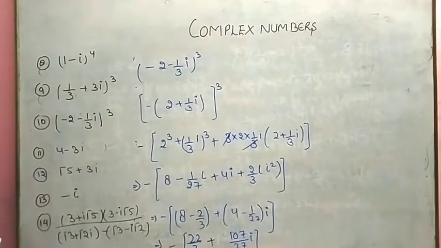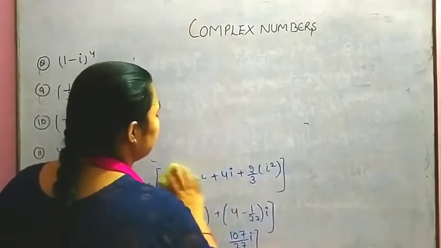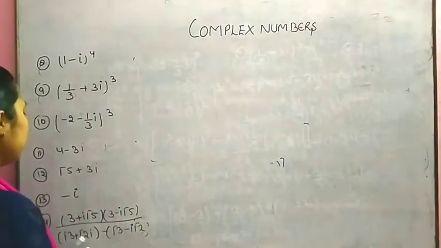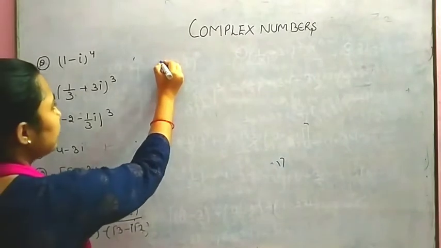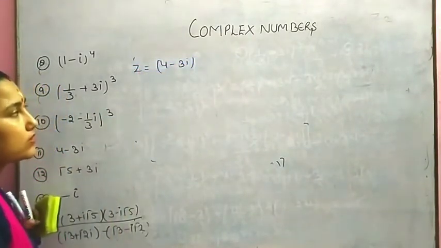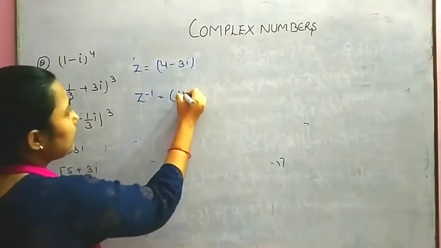Now from question number 11 to 13 we have to find the multiplicative inverse. It is given 4 minus 3i. Suppose we have to find the multiplicative inverse of this complex number. We write z inverse for multiplicative inverse.